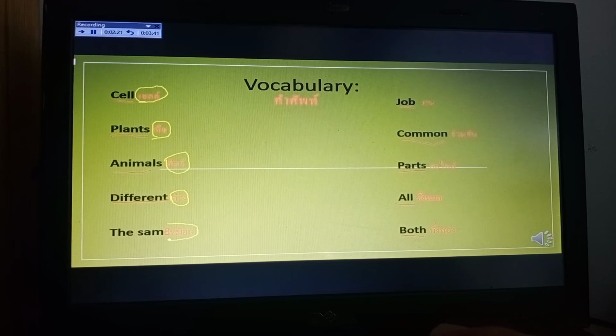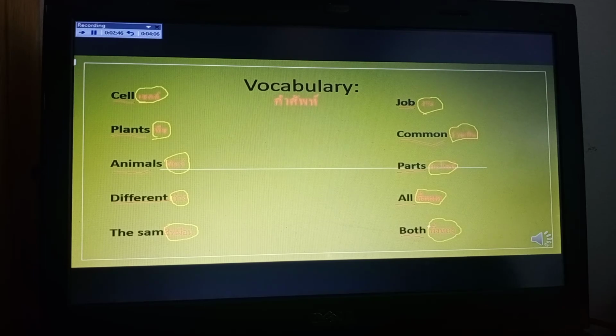I'm using the yellow one to highlight the translation. So again, you need to be familiar with these words because this will help you identify or define the words we will use later on in our topic.